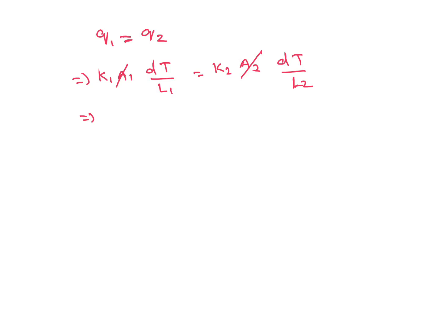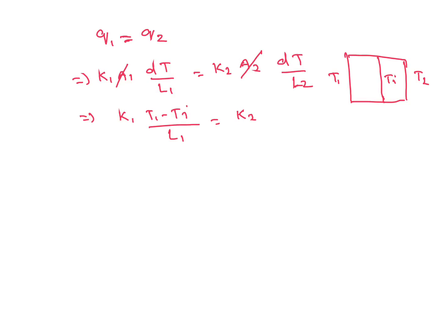On this side the temperature is T1, on the other T2, and the interface temperature is Ti. So dT is (T1 minus Ti) divided by L1, and K2 times (Ti minus T2) divided by L2.